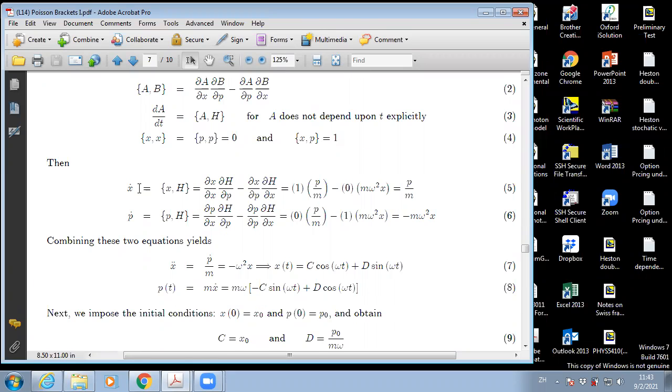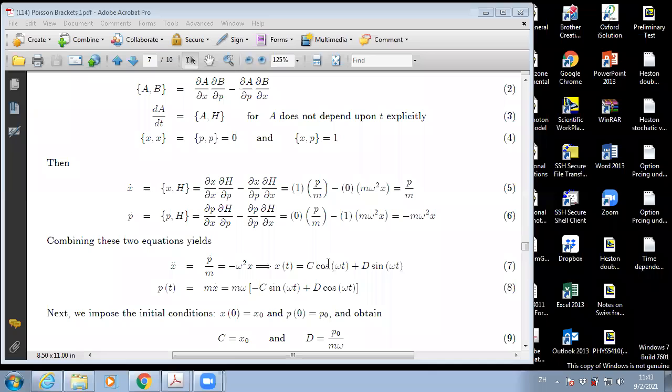Combining them, we obtain x double dot equal to p dot over m, which is equal to minus omega squared x. So this is a second order differential equation in x, and we know that it is the standard equation of motion for a simple harmonic oscillator.